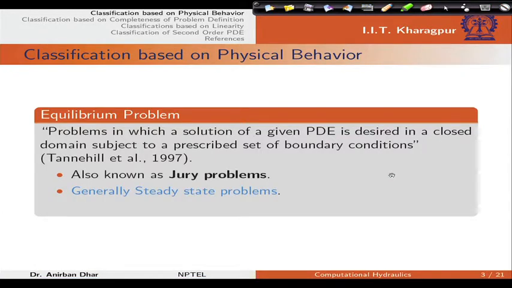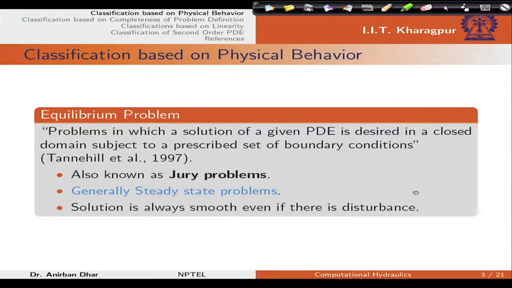Generally, these problems are steady state problems, and the solution is always smooth even if there is disturbance. From all sides the boundaries are defined. Mostly these problems are steady state problems.